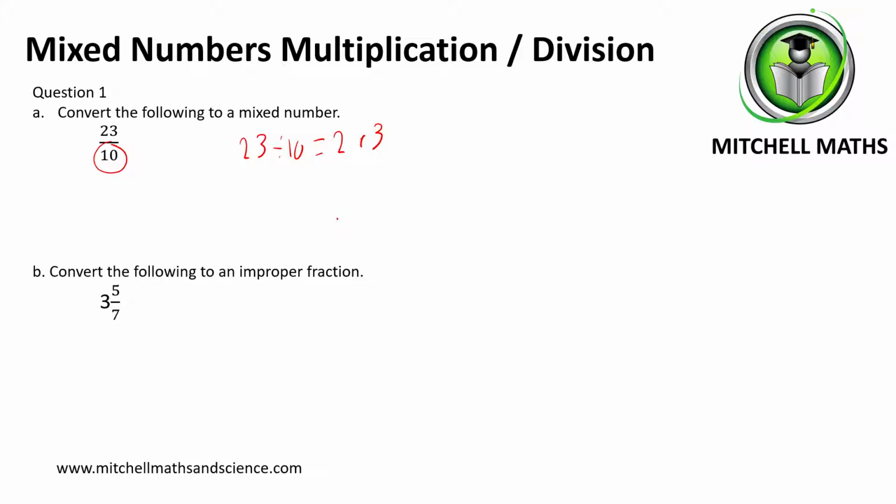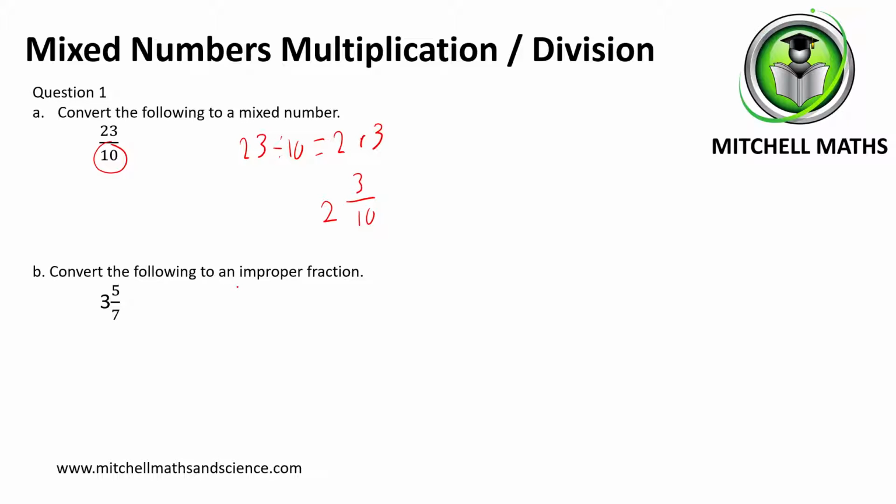And that means we've got 2 whole ones and we've got 3/10 left. So because it's 2 remainder 3, we've got 2 and 3/10.